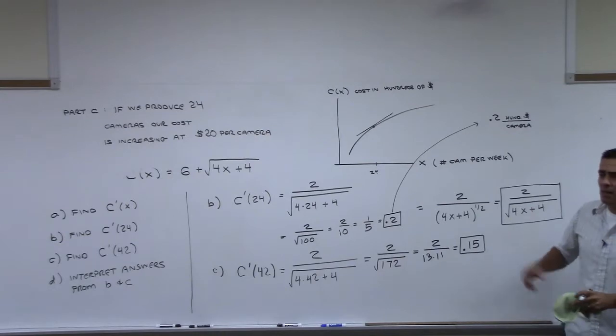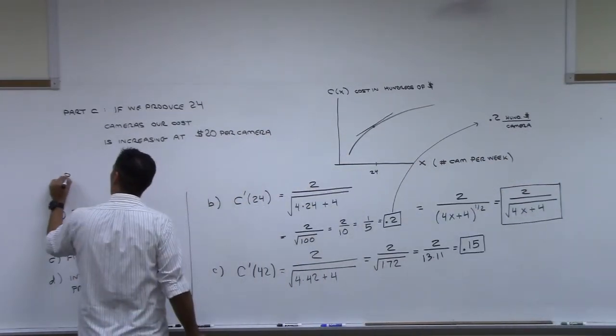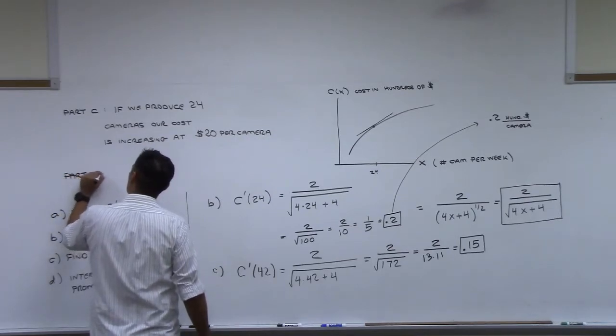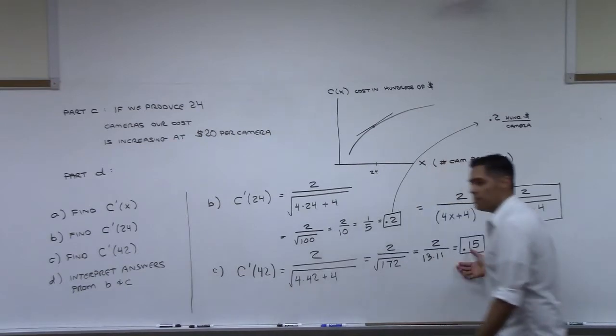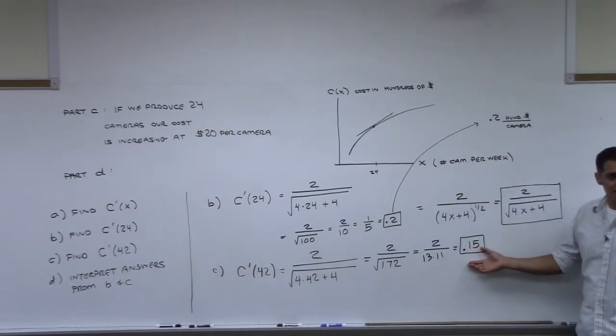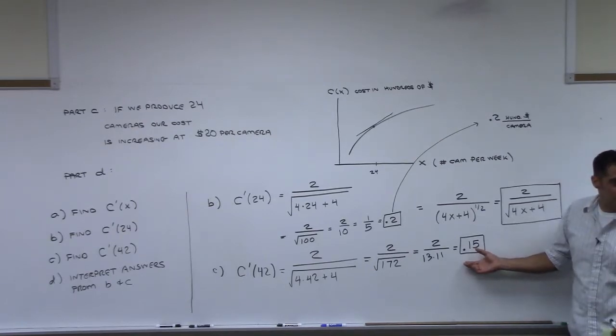Now, what is part D telling us? All that's changed in part D is that we still get a positive answer, right? We still get 0.15, still positive. So that means it's increasing. If this would have been negative, we would have said decreasing.